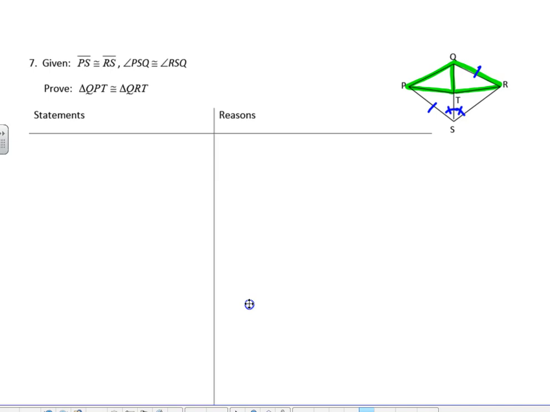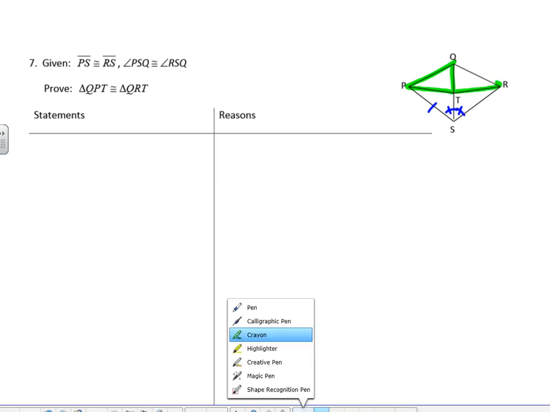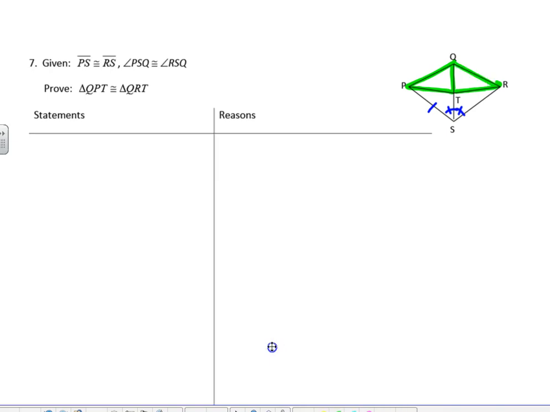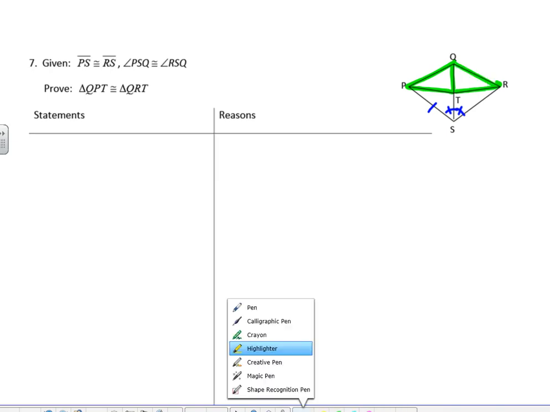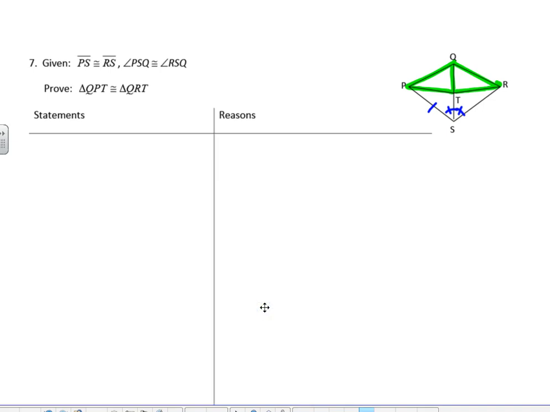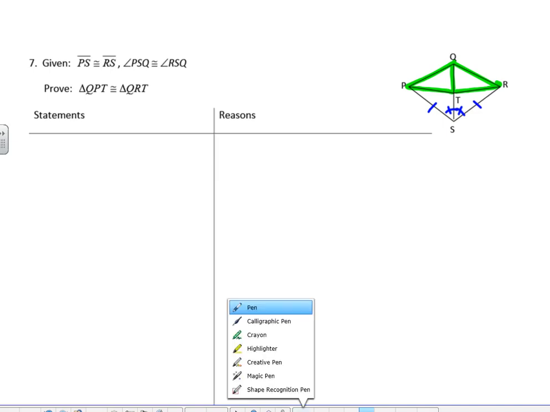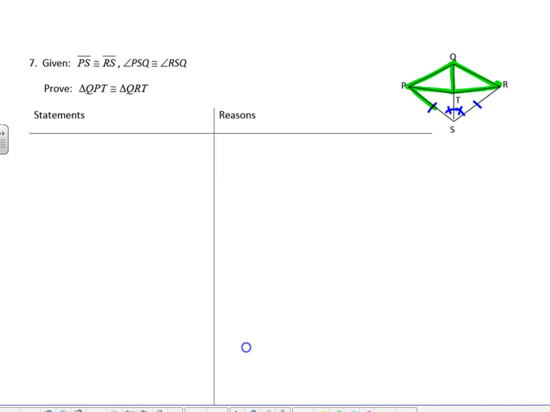All right. So PS is congruent to RS. Whoops, I marked that wrong. That's part of why I'm having confusion. Let's go back. Okay, PS is congruent to RS. And so what we're going to do in this case is prove first what I could prove.